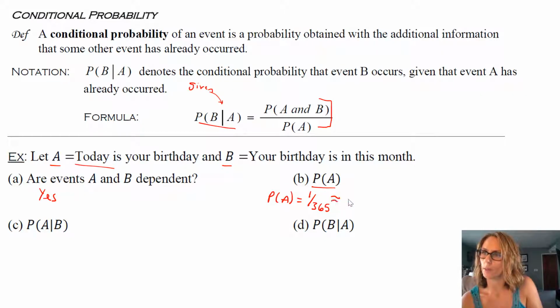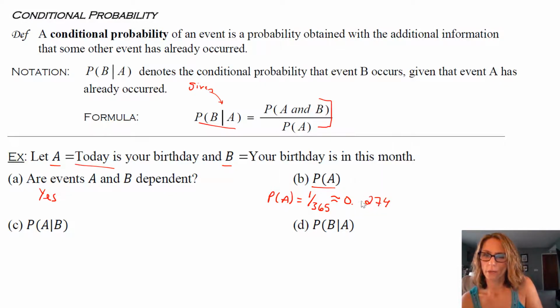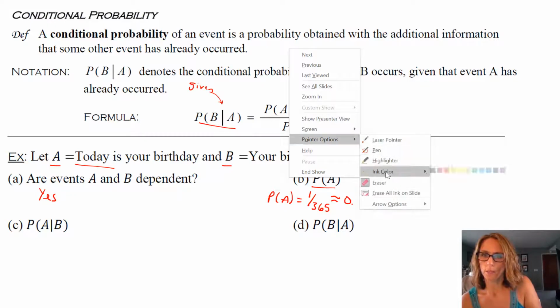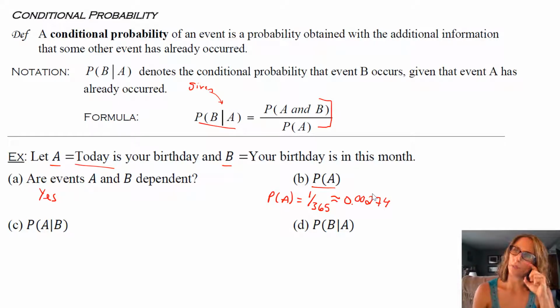Sorry if your birthday is on the 29th of February. So 1 out of 365 is about 0.00274.